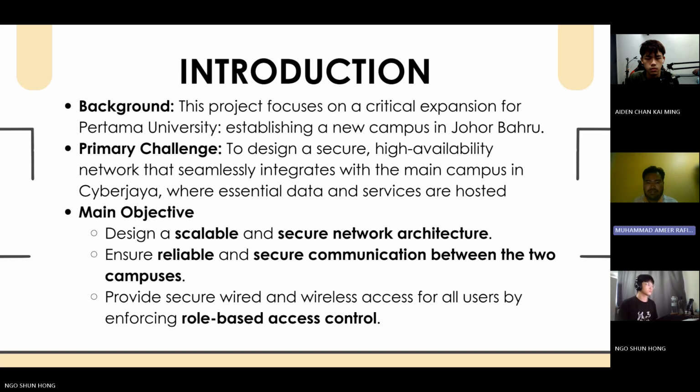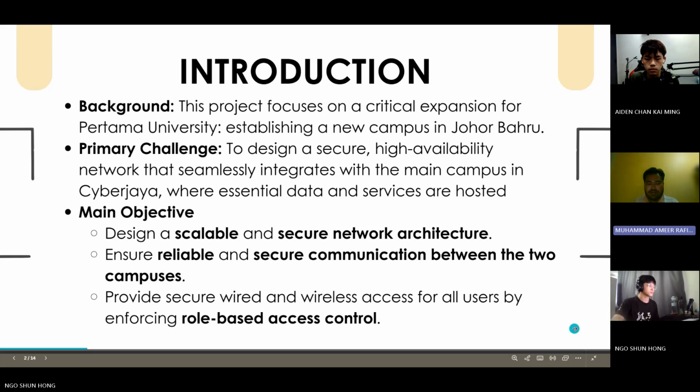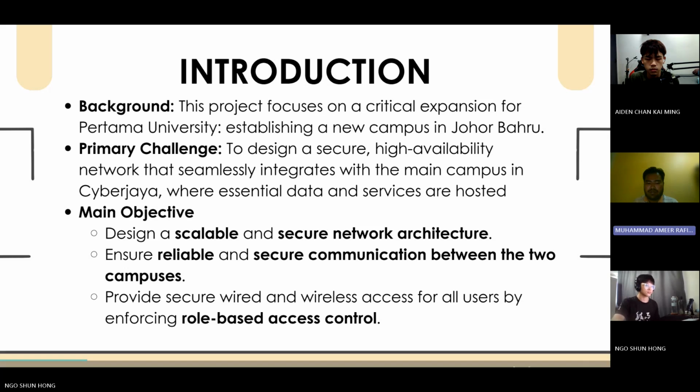Our main objective is to design a scalable and secure network architecture while also ensuring reliable and secure communications between the two campuses. We provide secured wired and wireless access for all users by enforcing role-based access control.